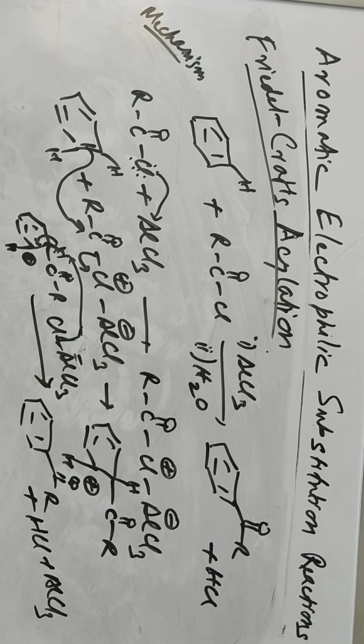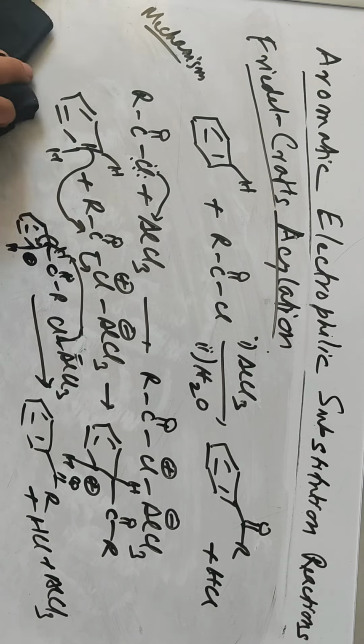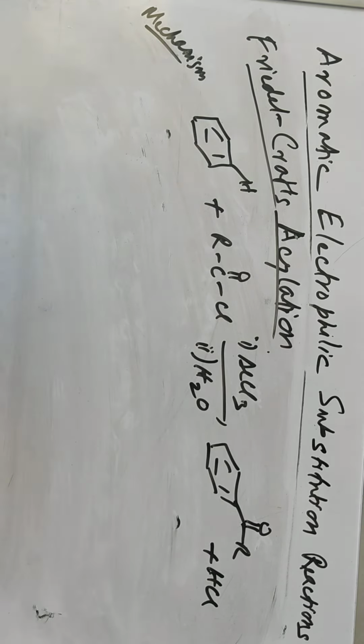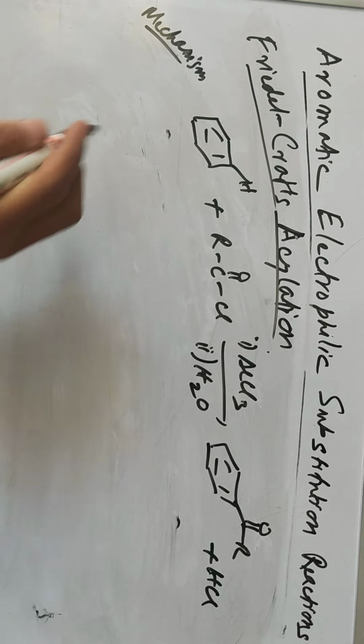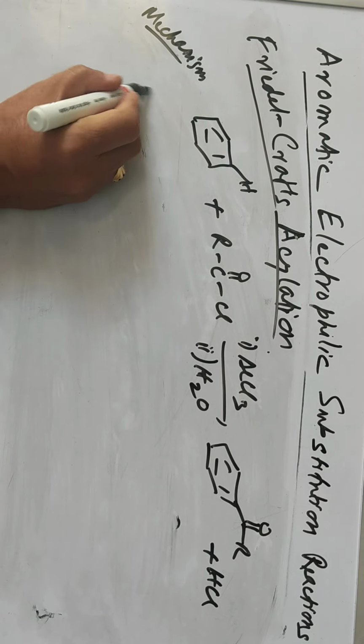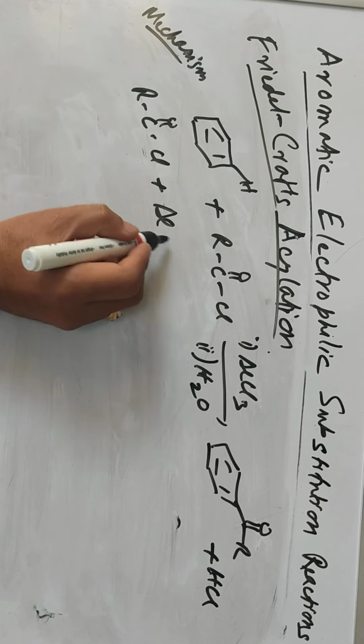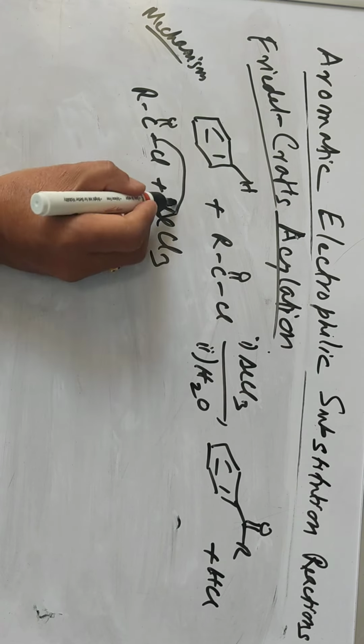The acyl group can attack many times. In some cases you can have the acyl group like this, and in another mechanism you can also have this as the acylating species, RCO.